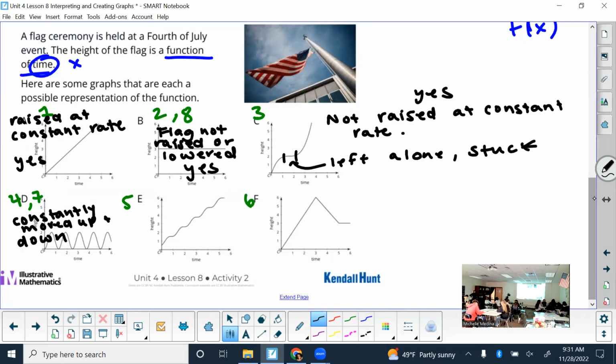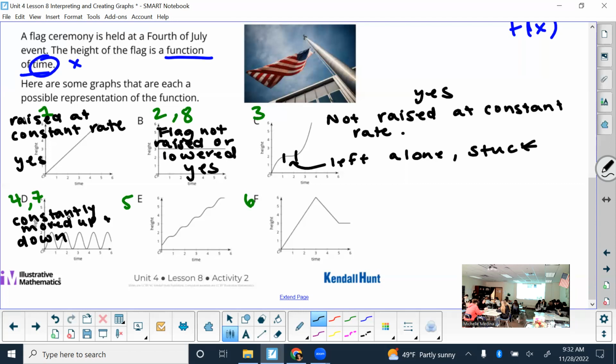Guys, be respectful. So why might it be moved up and down constantly?